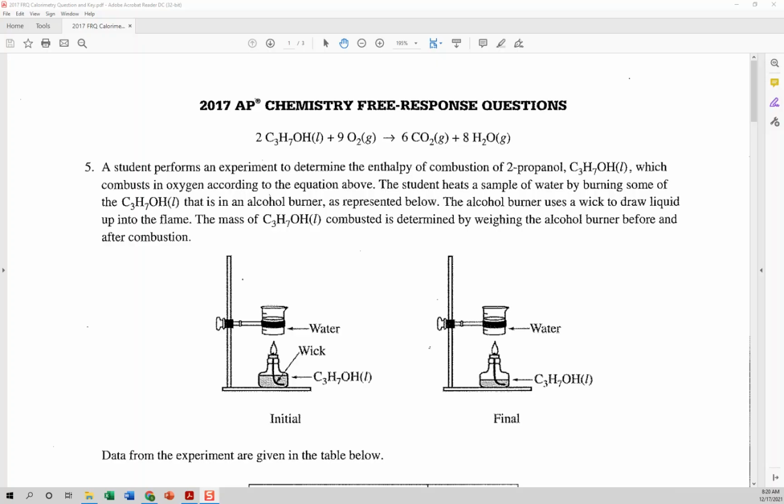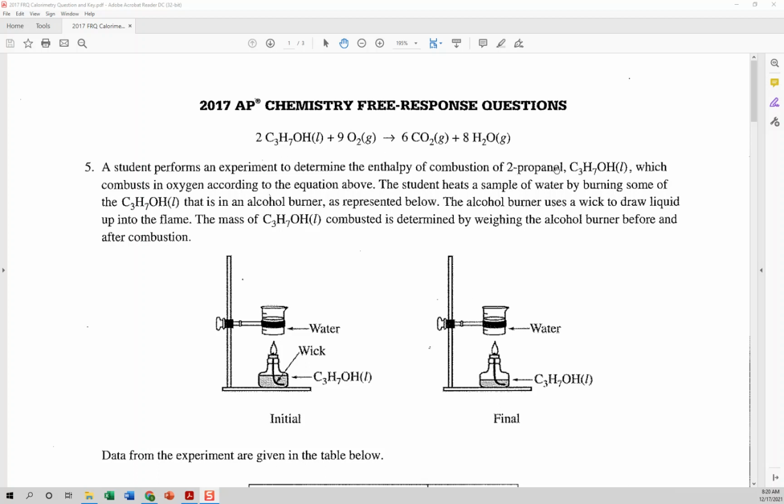All right. So again, this was the 2017 AP chemistry exam, and this was question number 5. All right. So we get a combustion reaction of what they say is 2-propanol. Now that 2 doesn't mean anything. That 2 has nothing to do with that coefficient 2 there.